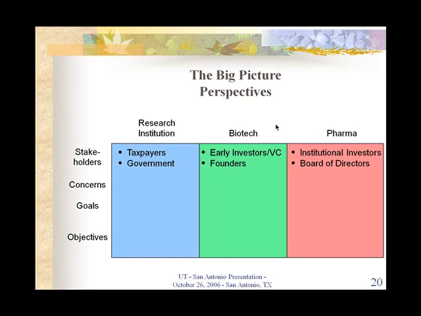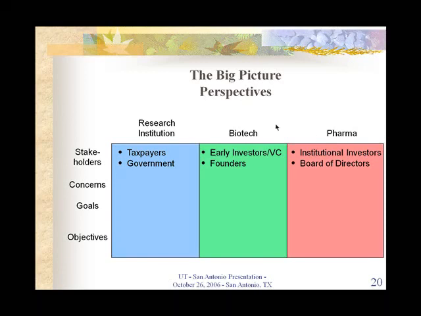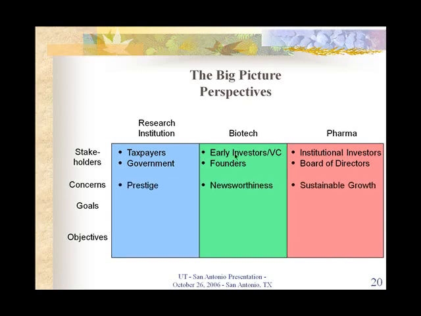Many of the pharma, as you know, are publicly traded corporations, C-type corporations. The concerns that are present, many times it's the prestige with the research institutions, newsworthiness with the biotech companies so that you can get seen and bought out by pharma, or your product can be purchased by them to take it to grand scale market.